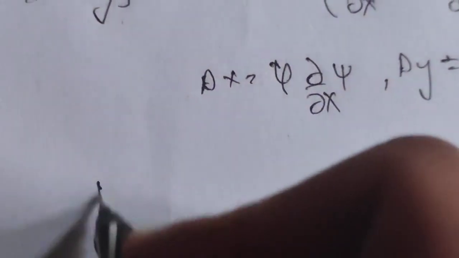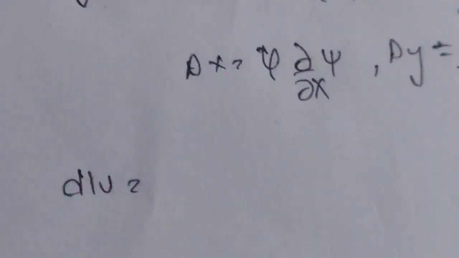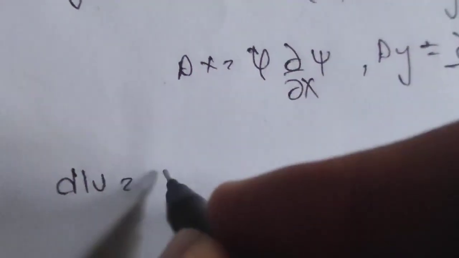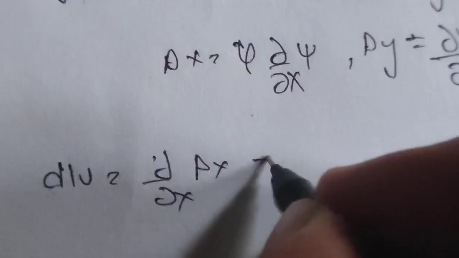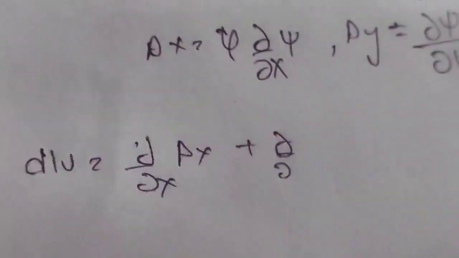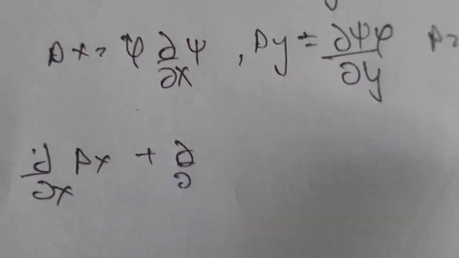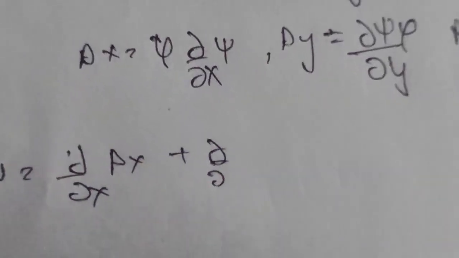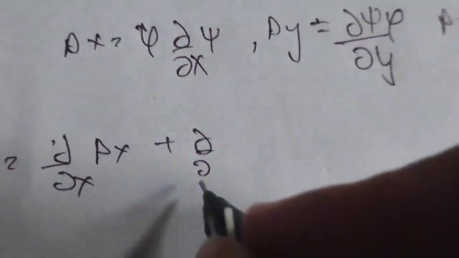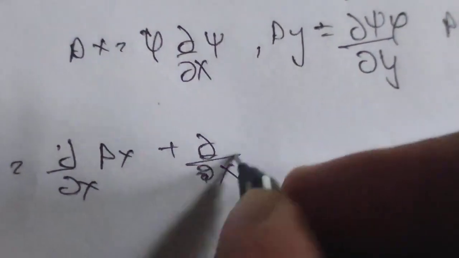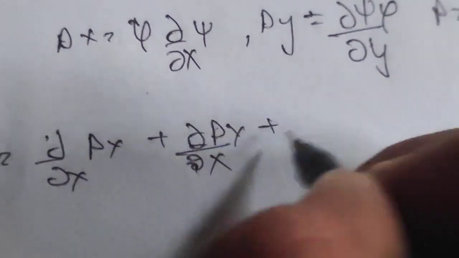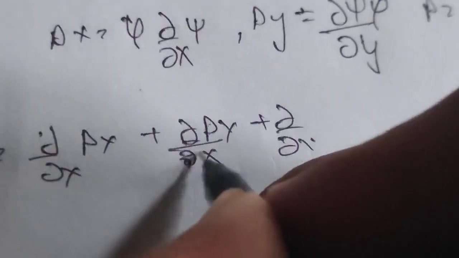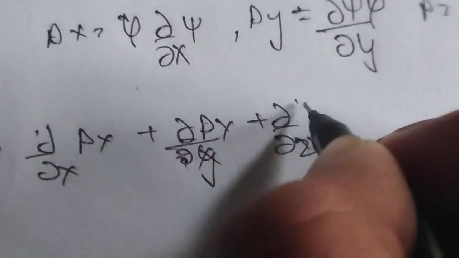We know that divergence is the whole partial differentiation in all three directions at the same time, which we already discussed in previous classes: dx of Ax plus dy of Ay plus dz of Az.